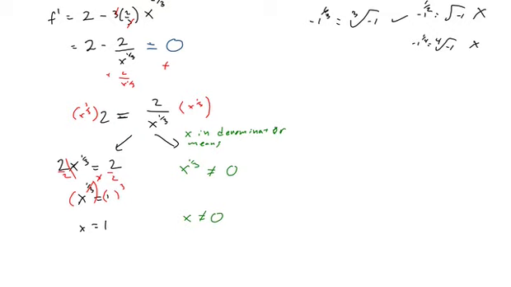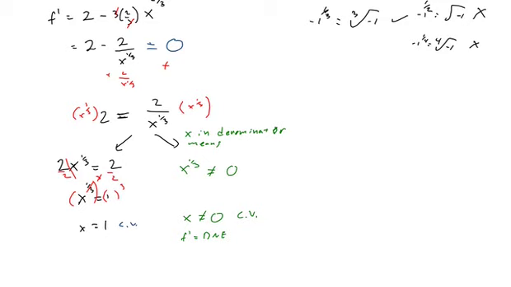This is another critical value where f prime does not exist. It's not allowed to be 0, and so that's one of my situations where if I made my x equal to 0, my derivative would not exist. And so that's another critical value in my function.